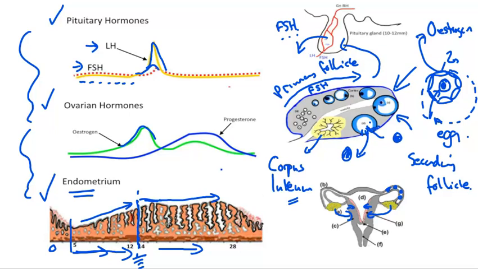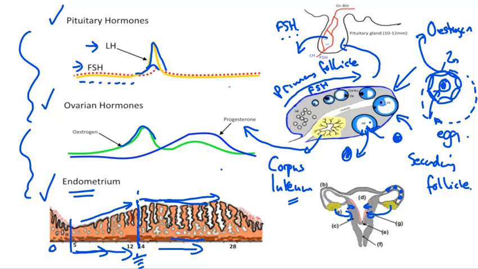But more importantly, the corpus luteum is responsible for the production of progesterone. Progesterone maintains the lining of the uterus. So estrogen is responsible for thickening of the endometrium, but progesterone is responsible for maintaining the thickness of the uterus in preparation for receiving a fertilized egg.